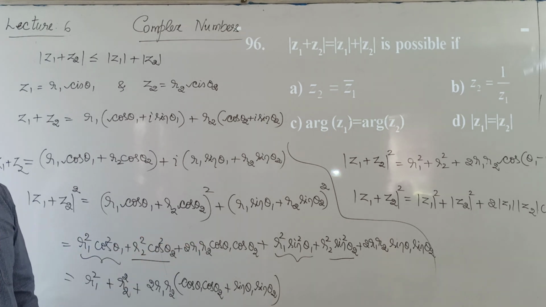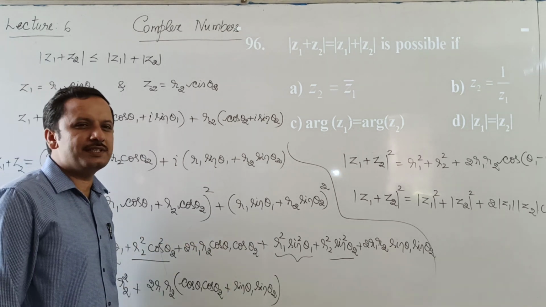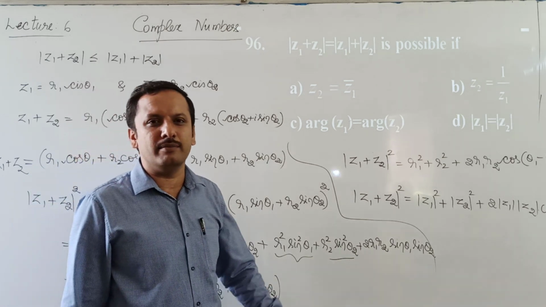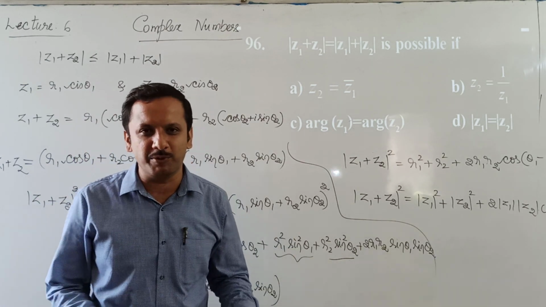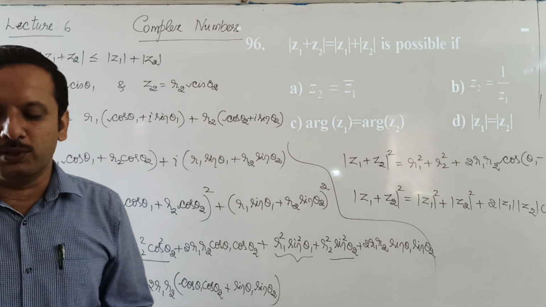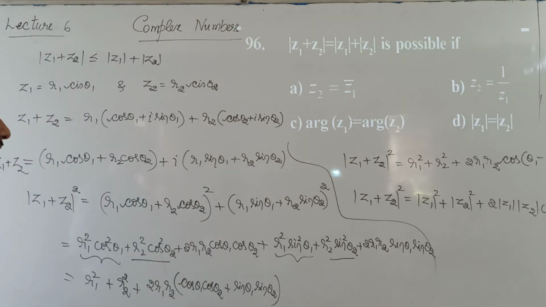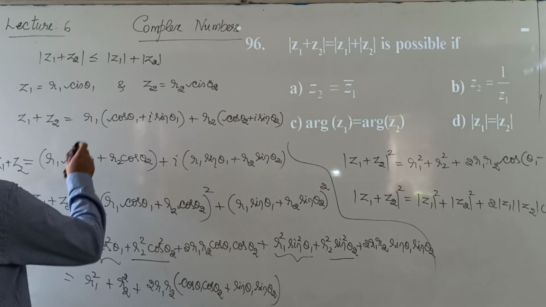This formula you have to remember. The proof is just for your knowledge; in the CT exam, they will not ask you to prove it. Anyway, remember this formula. I'll write it here.